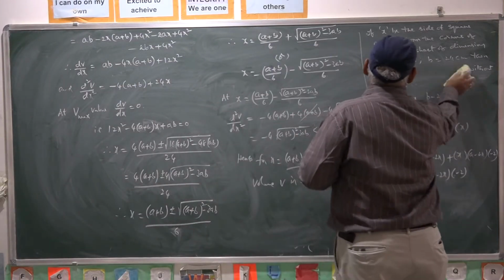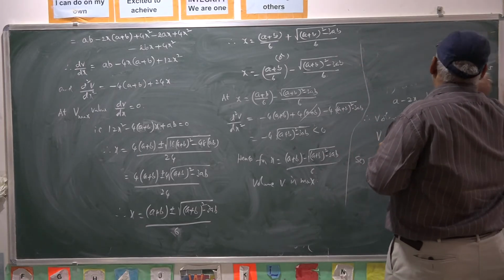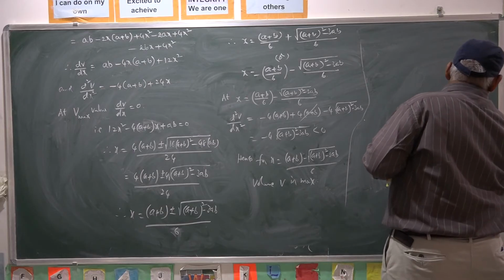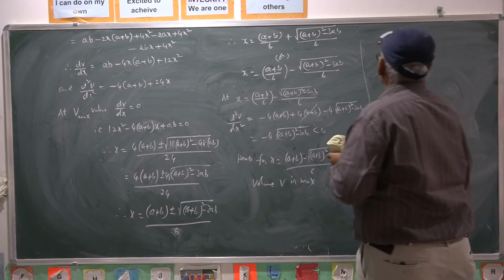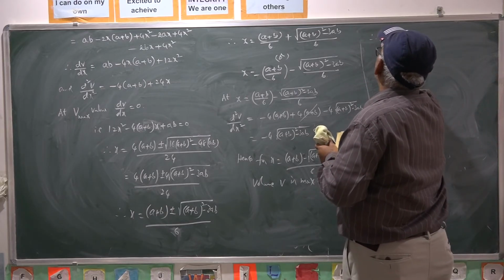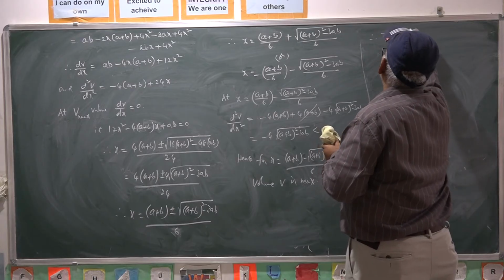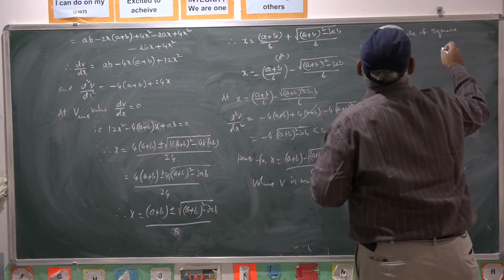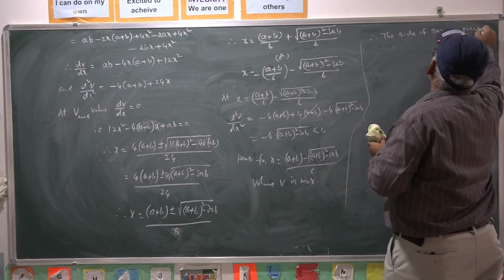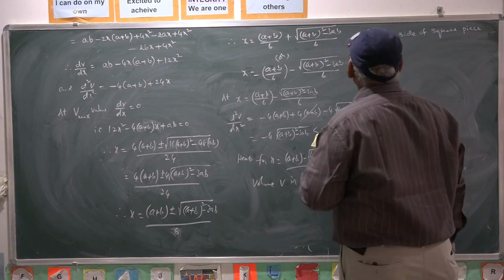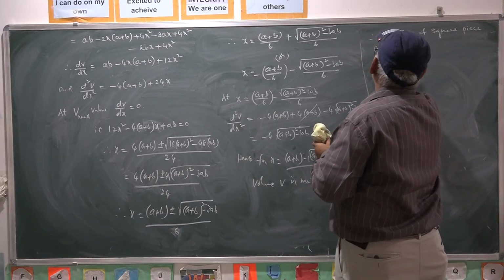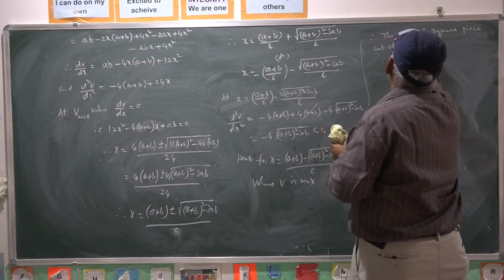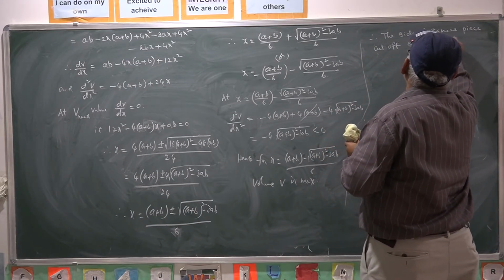So that the required x, the side of the square piece cut off, so that volume is maximum.